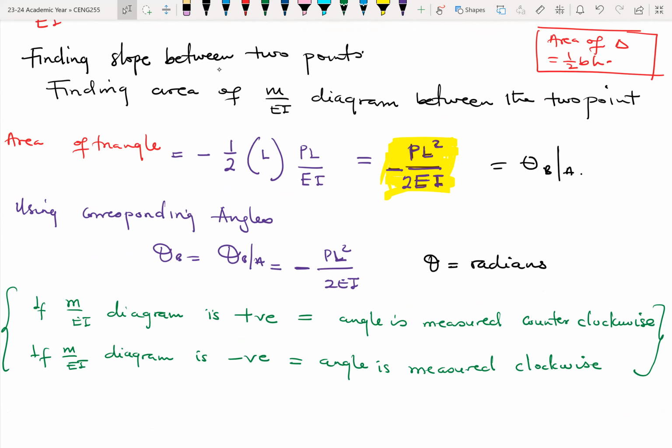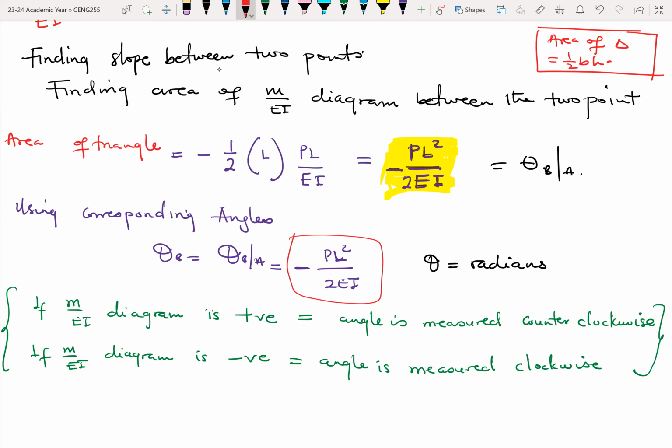It's difficult to understand, but to measure the angle, I'll know P, I'll know L. In this case, for example, I'm using variables to find my theta.